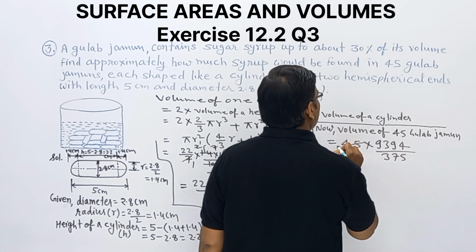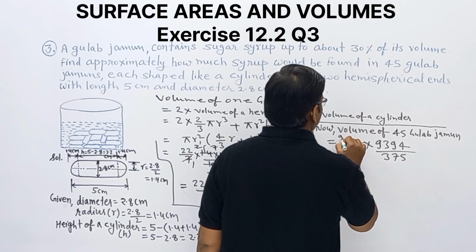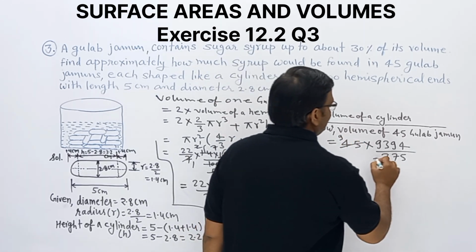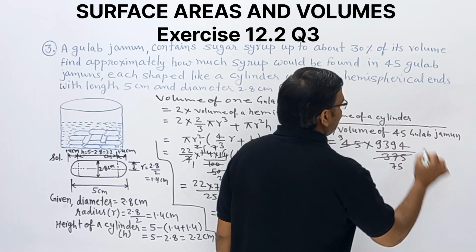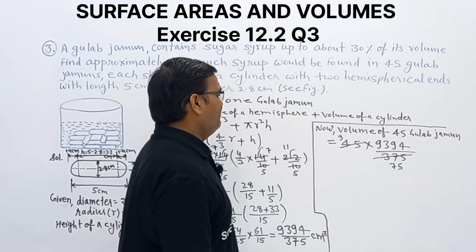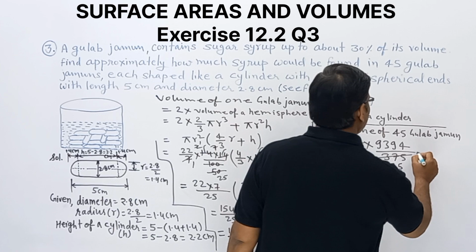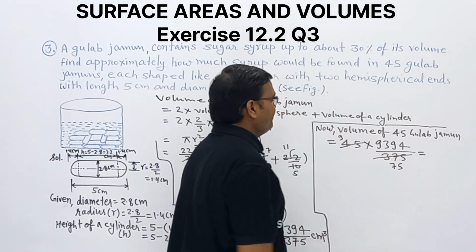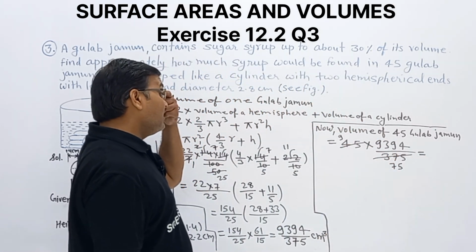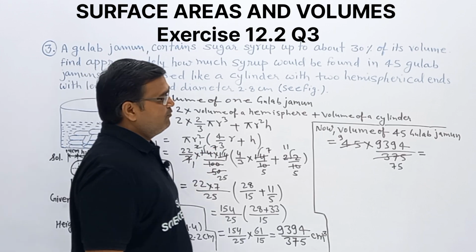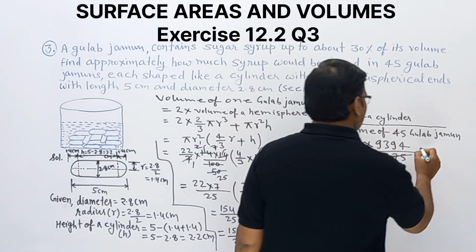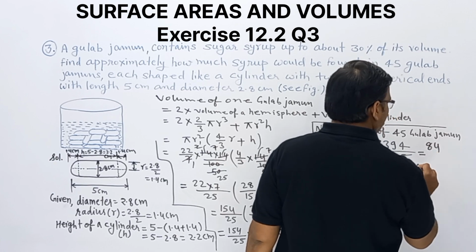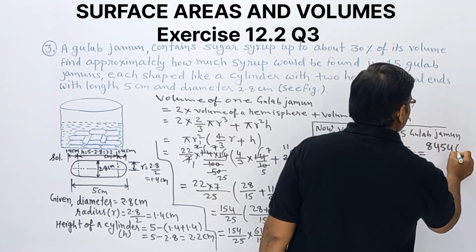5 9s are 45, 5 7s are 35, 2 is remaining, 5 5s are 25. Clear? So we are getting 9 into this one, 9 into 9394. Once we multiply, then we are getting what? 84546.